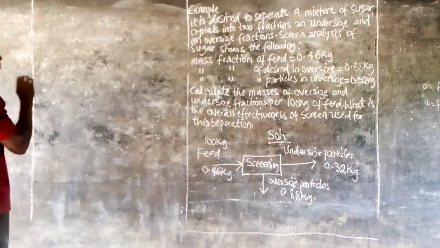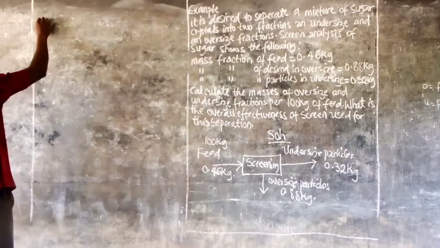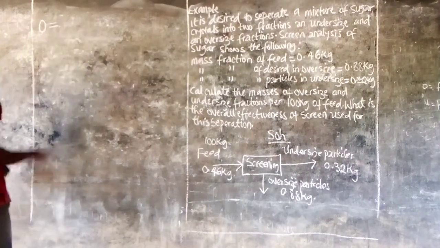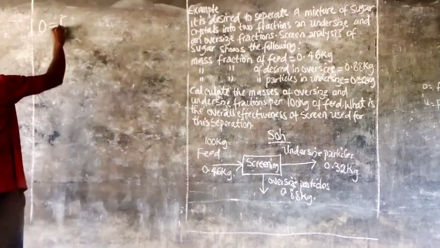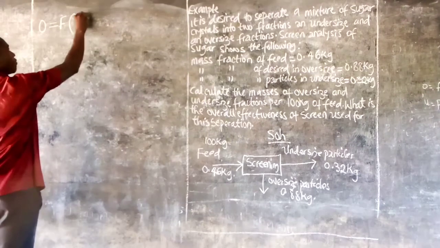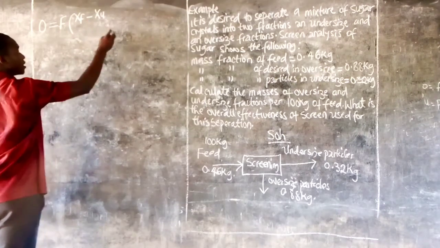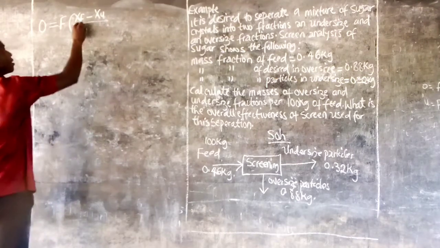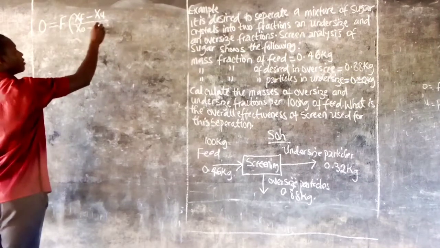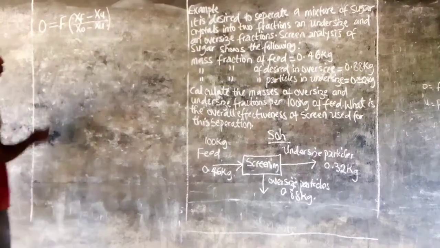For the mass of oversized particles, we use the formula O, that is the oversize, is equal to F times the mass fraction of F minus the mass fraction of undersized particles, all over the mass fraction of oversized particles minus the mass fraction of undersized particles.